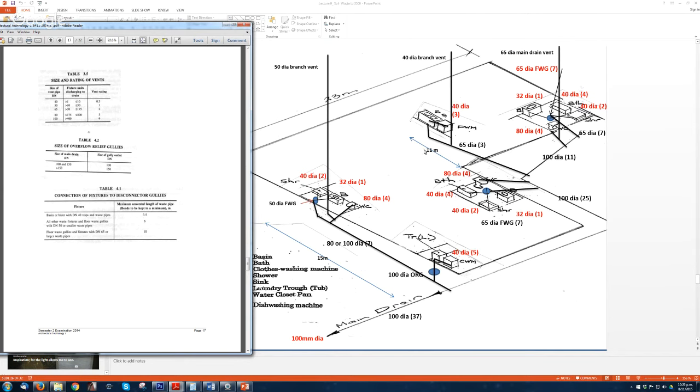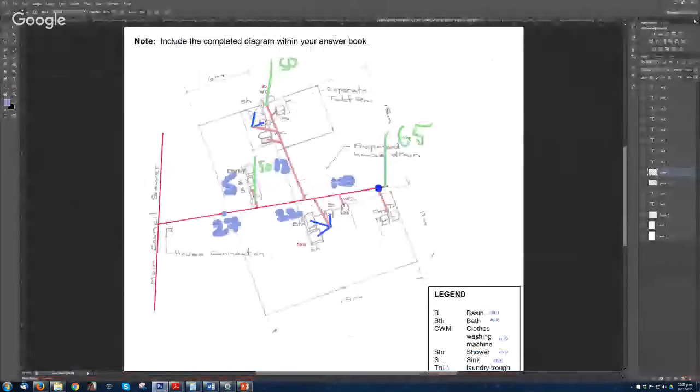And that's why I put one here, because it was further away from that one. Okay. You don't need a vent on the laundry line. Well, I put it there because it was at the end of the main drain.